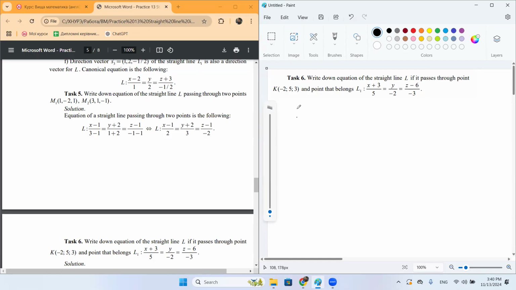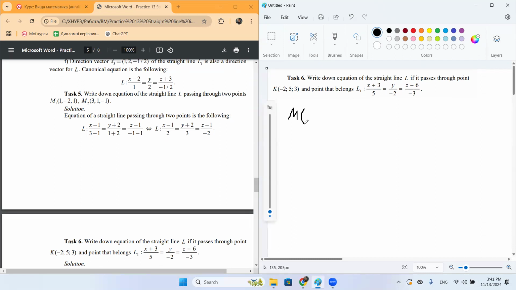Any ideas? Yeah, Daniel? We need to find a point from L1. Yeah, and how to find it easily, quickly? It's even simpler.